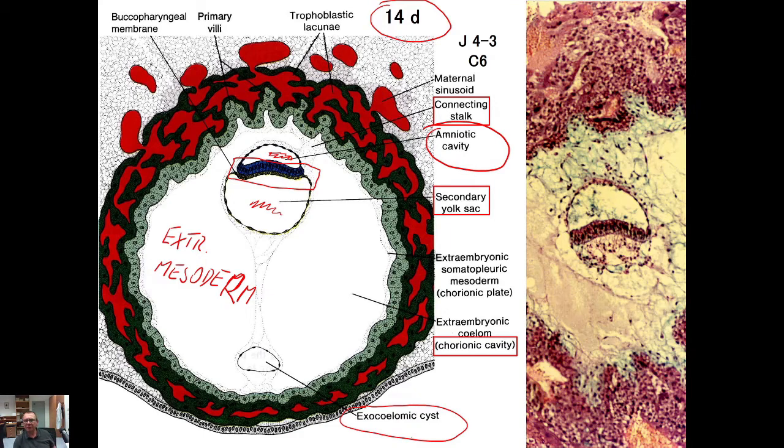The space between two layers of extraembryonic mesoderm is called extraembryonic coelom, or you maybe already know another name which is maybe more used, chorionic cavity.